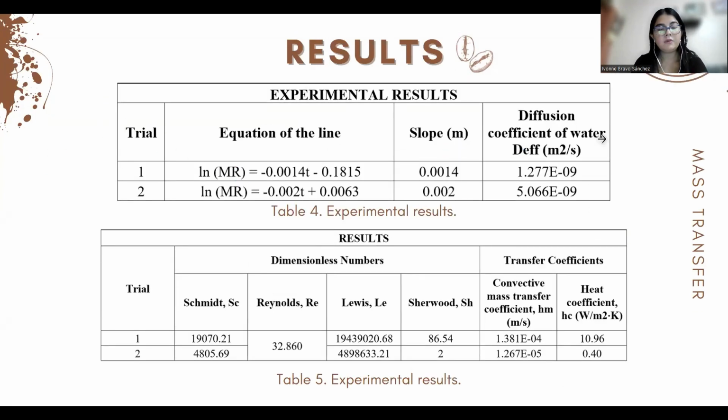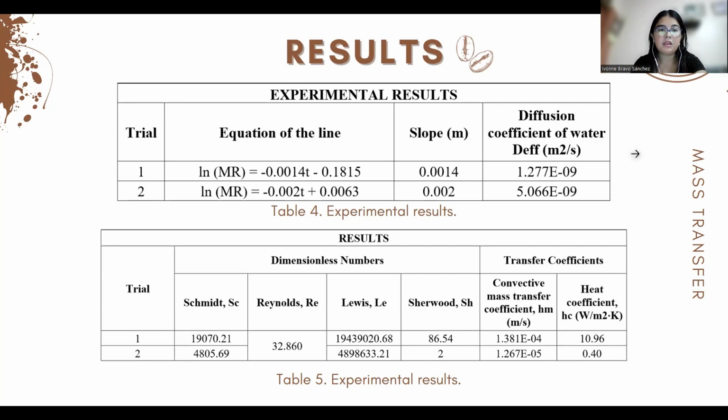In the laboratory, 2 experiments were conducted with coffee pulp to perform a parametric study using data obtained for dry basis masses. In other words, obtaining the natural logarithm of the moisture ratio, where the moisture ratio is the dependent variable and time is the independent variable. These graphs yield equations of a line with negative slopes that help us calculate the diffusion coefficient of water.